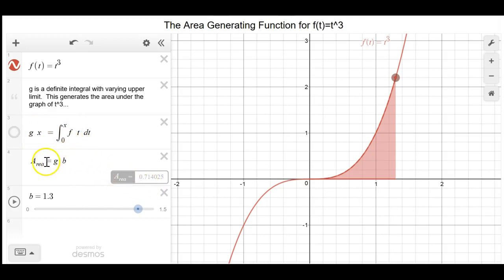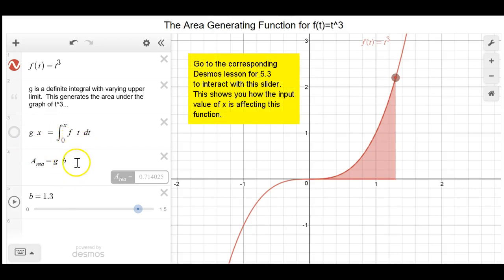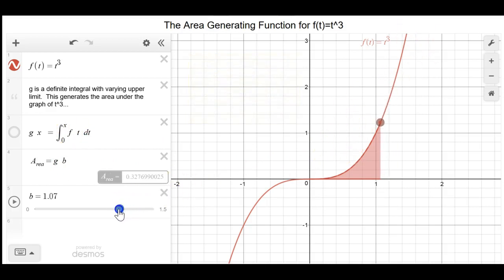So you can see that when I evaluate this function g at a constant b, it's giving me the area underneath this curve f. So for different values of b, all I'm doing is really changing the right endpoint of that interval of integration.